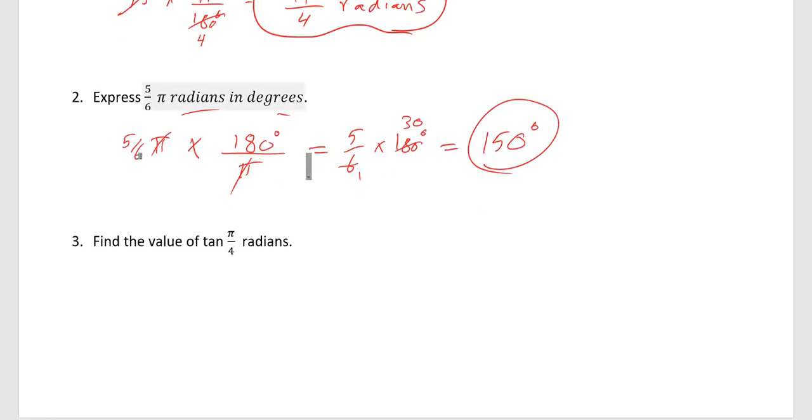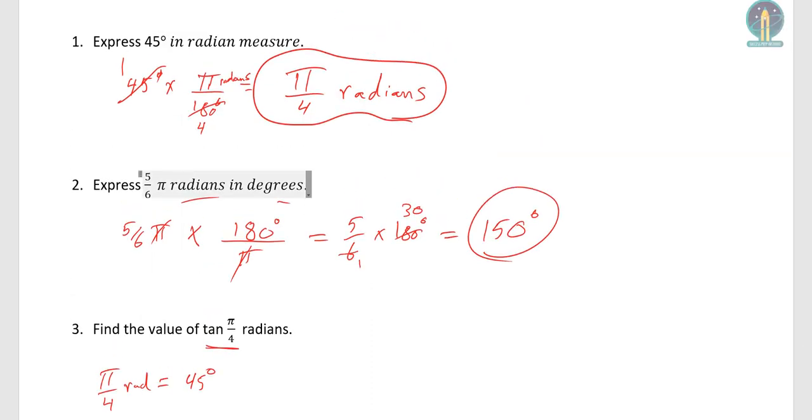Last exercise. Find the value of tangent of pi over 4 radians. So pi over 4 radians is equal to 45 degrees. And we just found this out, well, we found the opposite of this in the first exercise. We had 45 degrees, and then we converted to radians, we got pi over 4 radians.